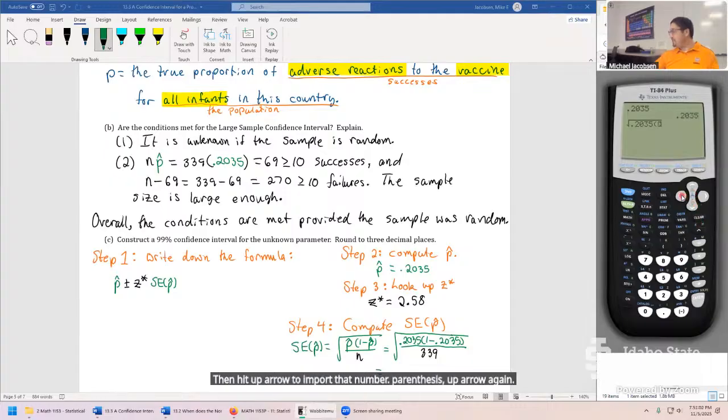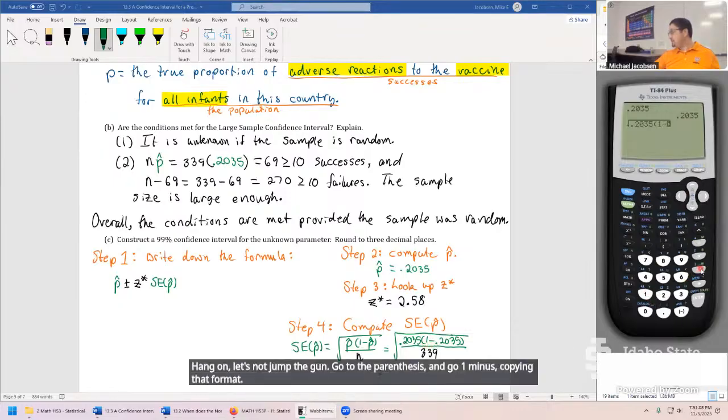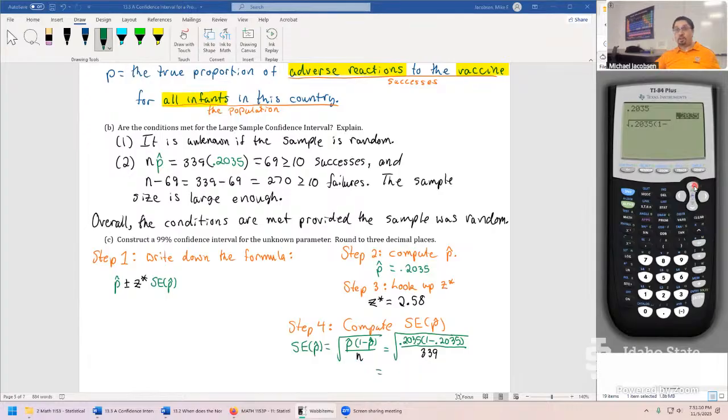Hang on, let's not jump the gun. Go to the parenthesis and go 1 minus, copying that format. 1 minus. Now go up arrow to copy that in. Close the parenthesis, divide by 339, the sample size. And we've got a value out.